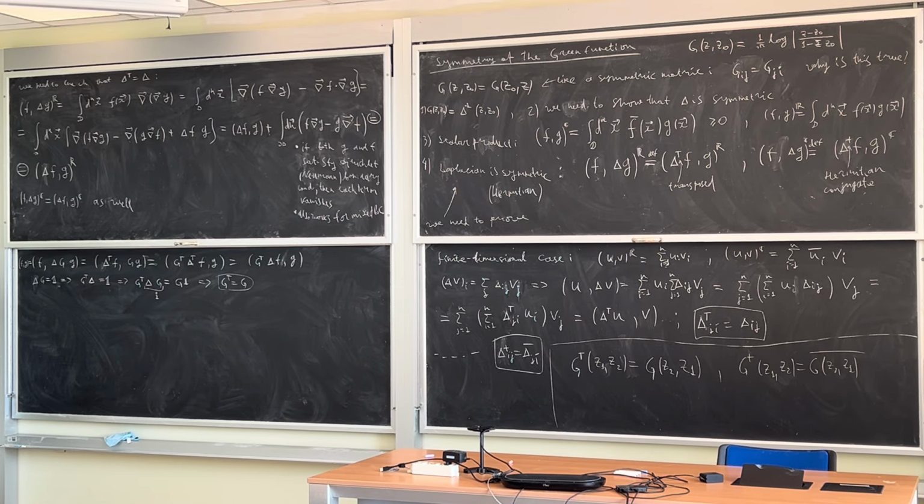The only tricky thing about this formal computation is that you can remember the Green's function for the wave equation, which was not symmetric. It was vanishing when t was less than t prime, but it comes from the fact that the solution of this equation for the Green's function is not unique.